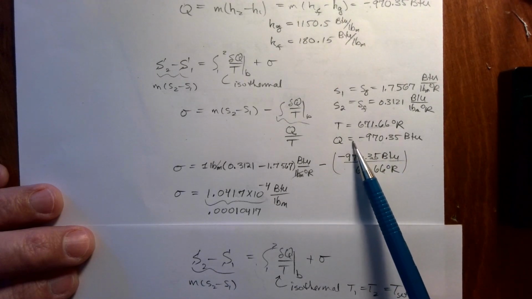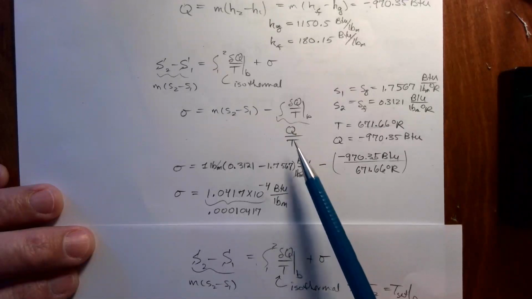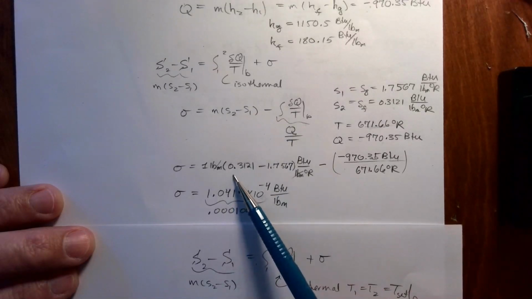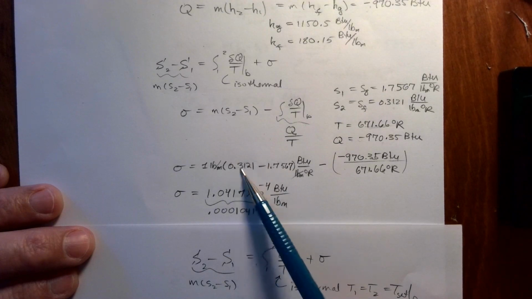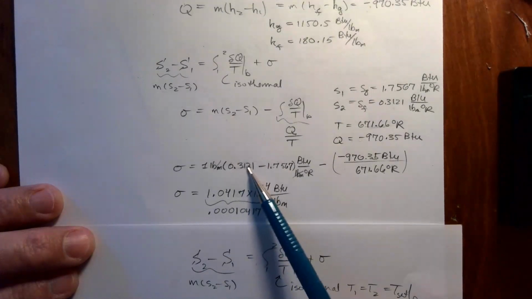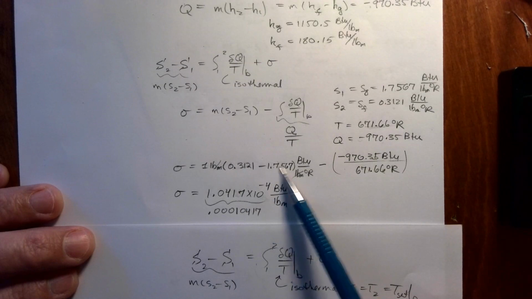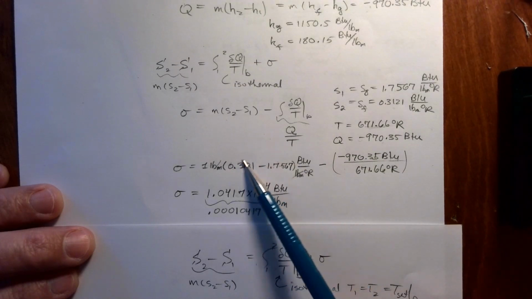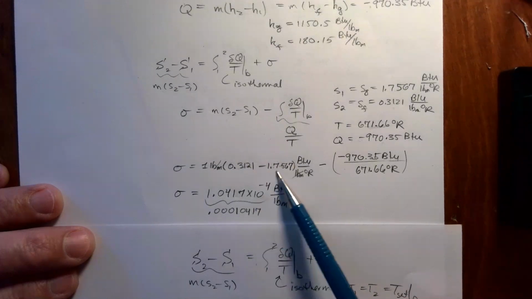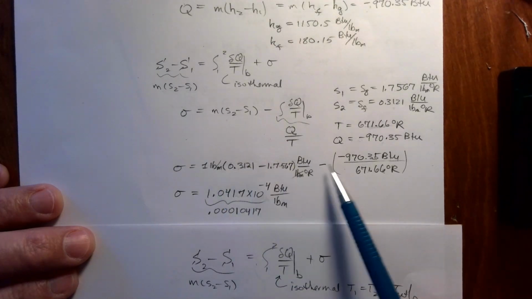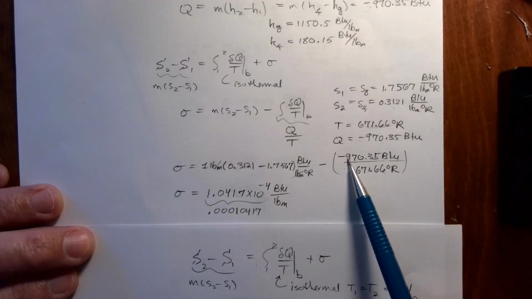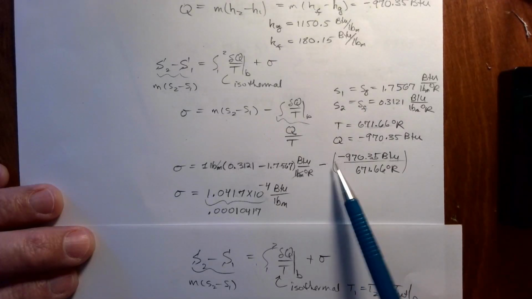That negative Q goes in place here, so you'll end up with a negative and a negative that cancel. If we substitute in, this is S2, which is the Sf value, S1, which is the Sg value. So this ends up equaling a negative number times the mass. It's 1 pound mass. Okay, so this is the Q, so there's a minus, because Q is a minus number. So those two minuses are going to cancel.